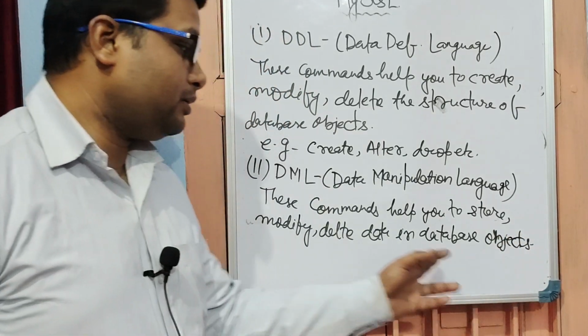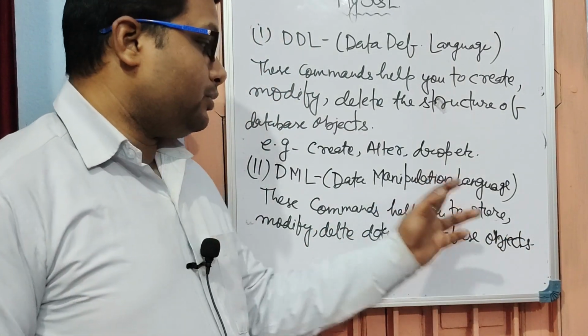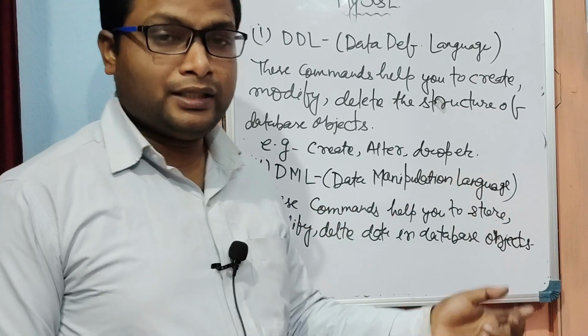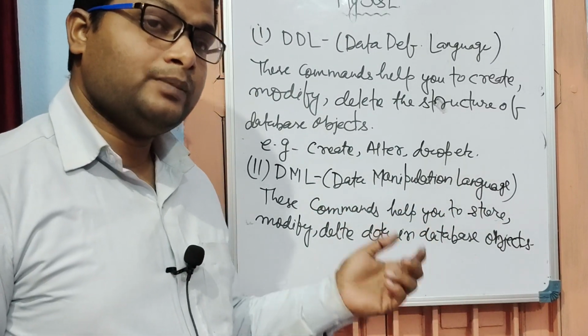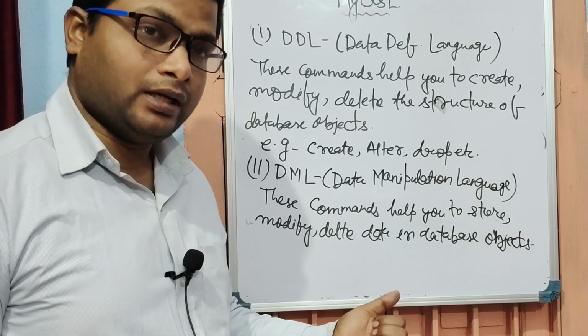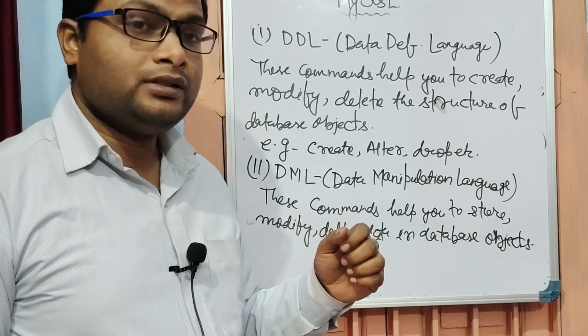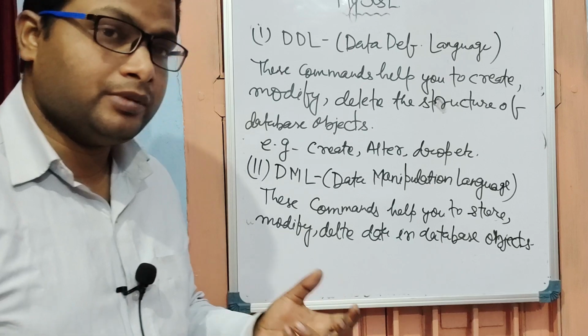Okay, so these commands will be used to store, modify, delete data in database. In short, it deals with data in database objects, and DDL command deals with the structure of the database object.